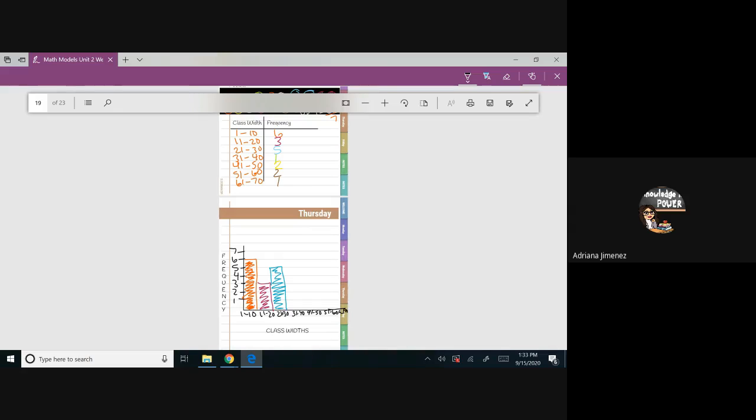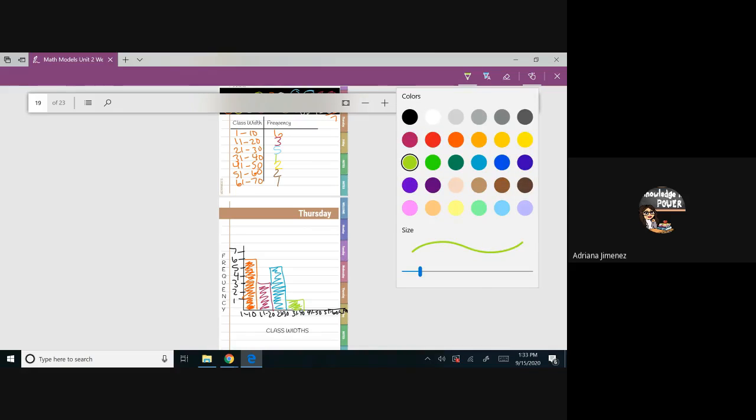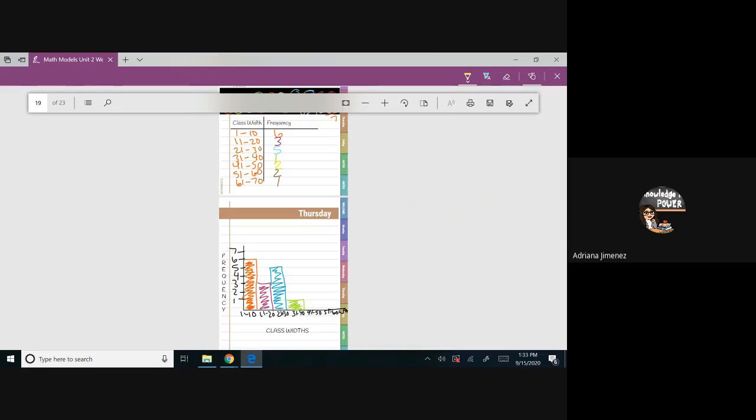61 to 70. Right. So it's green. It was just 1 for that one. And then 2 for the yellow. Then brown.